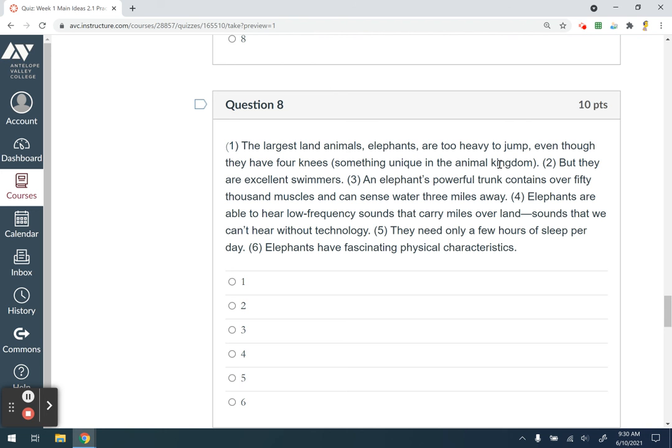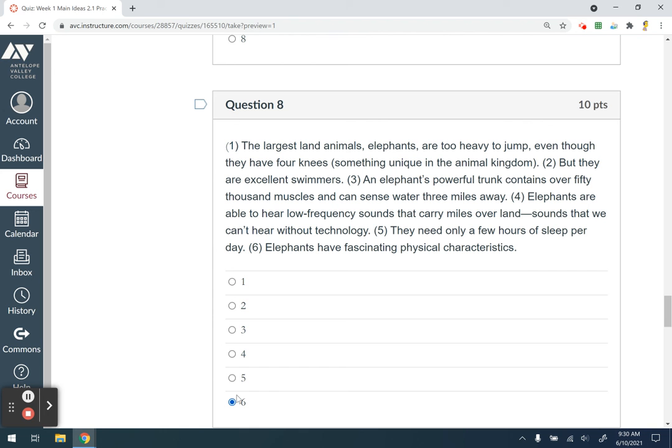They talk about how the elephants are too heavy to jump, even though they have 4 knees. Okay, the powerful trunk contains over 50,000 muscles. So they're giving you a list of information. There's one sentence that, when you get to it, you're just like, wow, okay, that doesn't list any characteristics or anything. And that would be the last sentence of the paragraph.